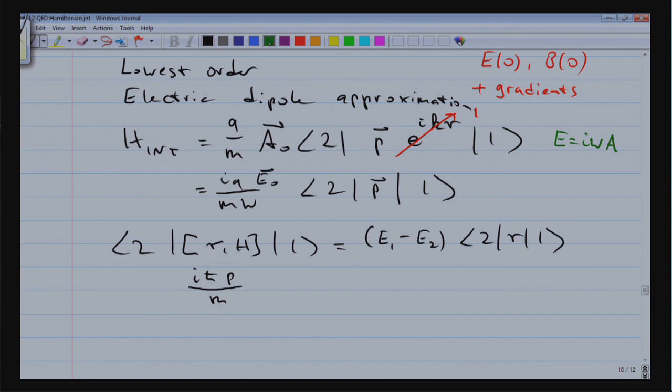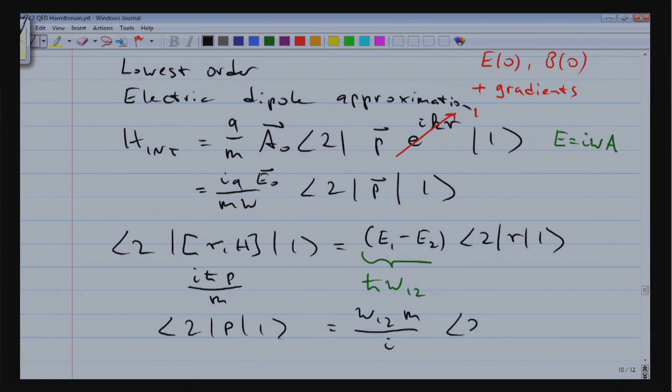And what we have here is, of course, the transition frequency between the levels 1 and 2. I know you've seen it, but if I can derive it in 2 minutes, it's maybe worth the exercise. What I've shown you is that the momentum matrix element can be replaced by the position matrix element multiplied by the resonance frequency.